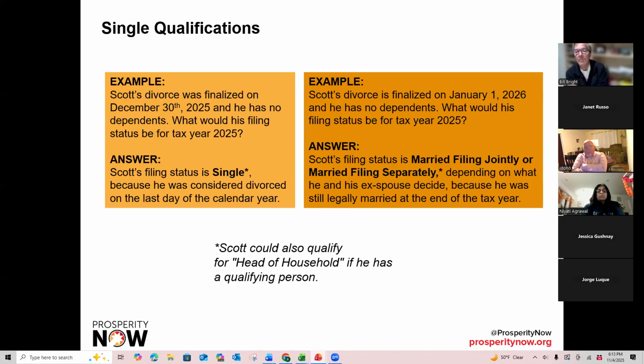Now, in another example, if Scott's divorce is not finalized until January 1st of 2026, and there are no dependents, what would his filing status be for 2025? Well, in this situation, he can go either way, married filing joint or married filing separately. Again, that's something the two of them have to decide. And again, if there was a child involved in any of these situations, he could claim head of household.